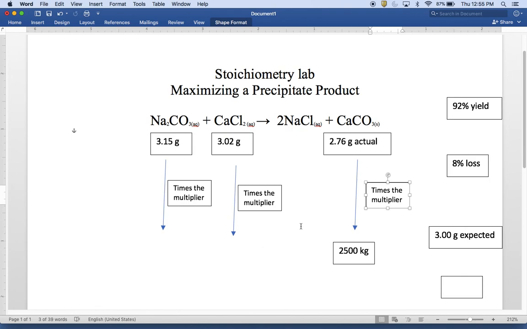You just say, if I start on the assumption that this many grams of this plus this many grams of this will actually make a smaller amount, then all you have to do is scale it up to 2,500 kilograms and use that multiplier on this, and that will give you the actual gram amounts of the reactants without having to add on an additional 8%, because the 8% is baked into this number. I hope that is useful, and as always, you may ask me further questions.